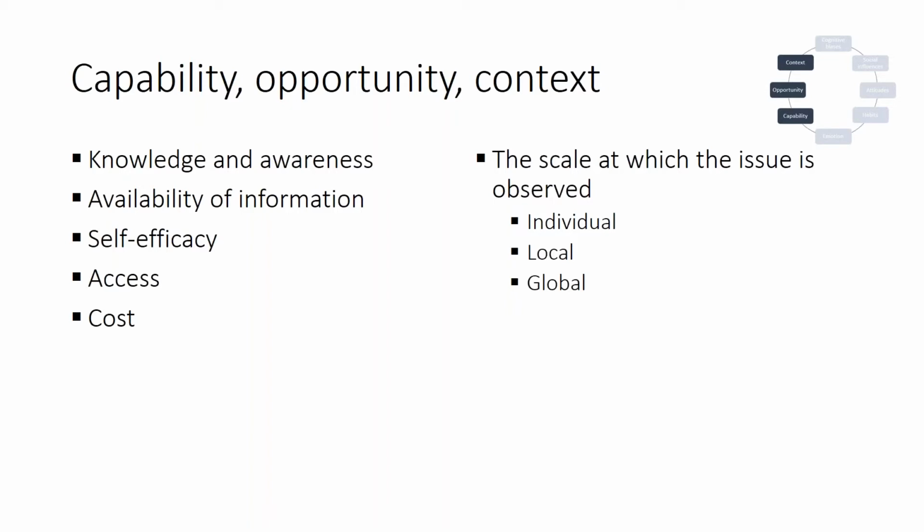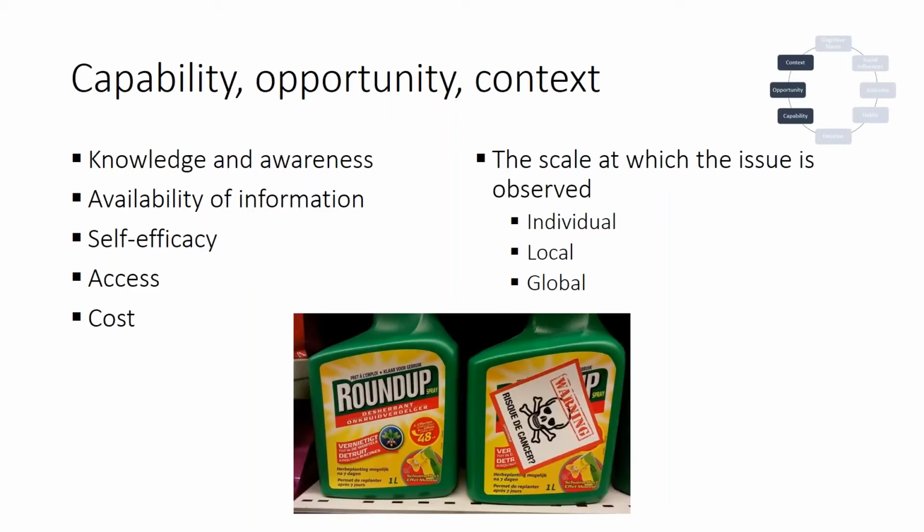So whether we're looking at an individual behaviour, maybe a local behaviour within a district or a regional council, or at a global level. And to illustrate, if we think about pesticide use, if we want to reduce the amount of pesticides going into the environment, if we want to encourage backyard gardeners to stop using things like Roundup, we want to make sure that they have the knowledge and awareness of the problems of Roundup, why it's something that shouldn't be used.